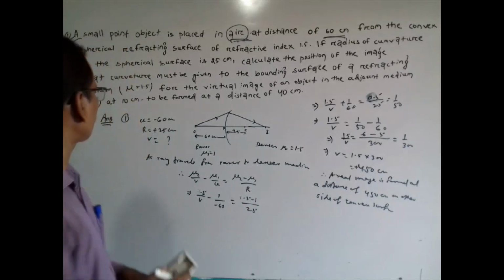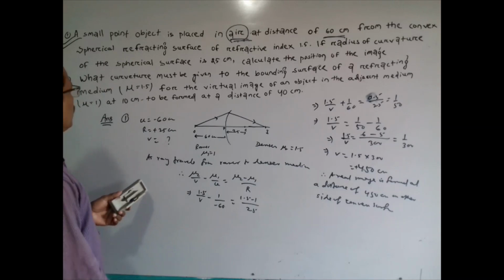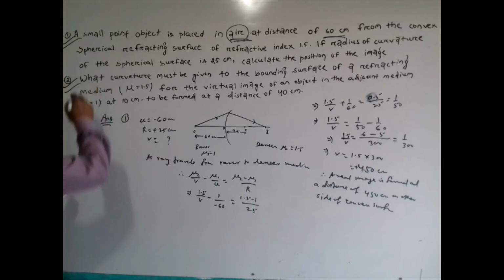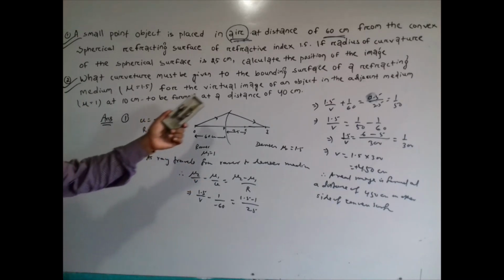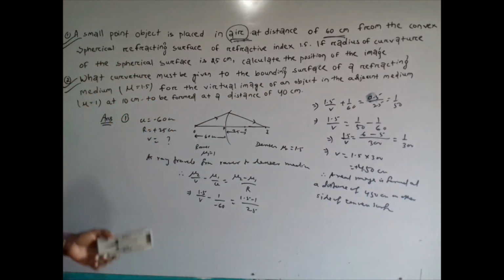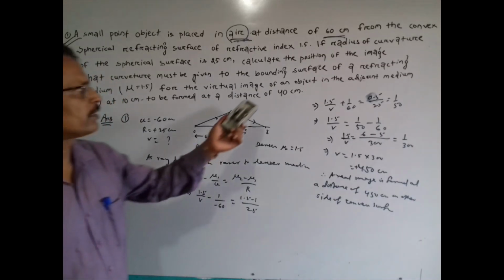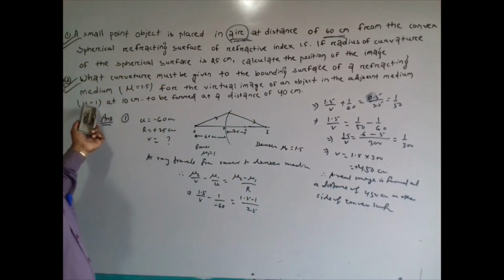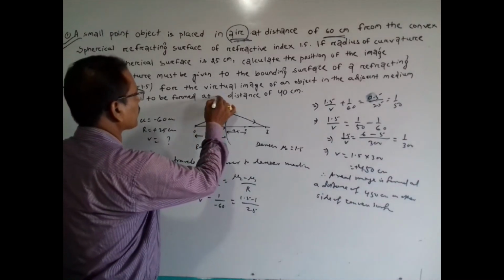Come to the second problem. What curvature must be given to the bounding surface of a refractive medium of mu 1.5 for the virtual image of an object in an adjacent medium mu1 at a distance of 10 cm to form at a distance of 40 cm?